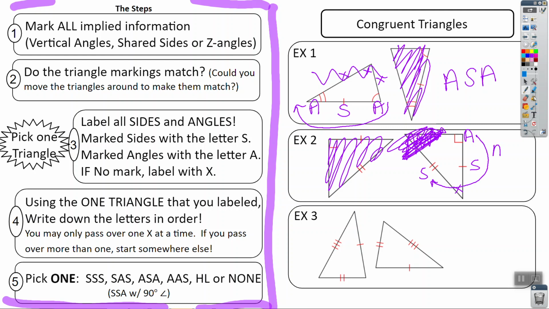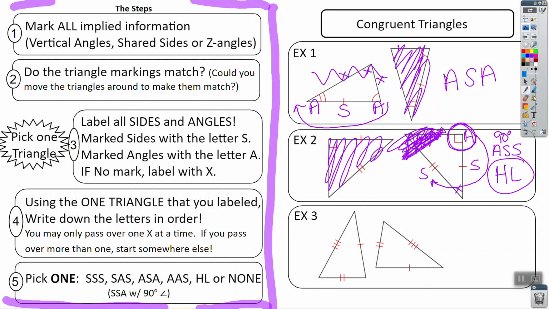And I get A, S, S. Uh-oh. I cannot get ASS in geometry unless one condition, it's the right ASS. Since this has a 90-degree angle, this becomes HL. So the only possible way it works in geometry is if you have the right ASS.